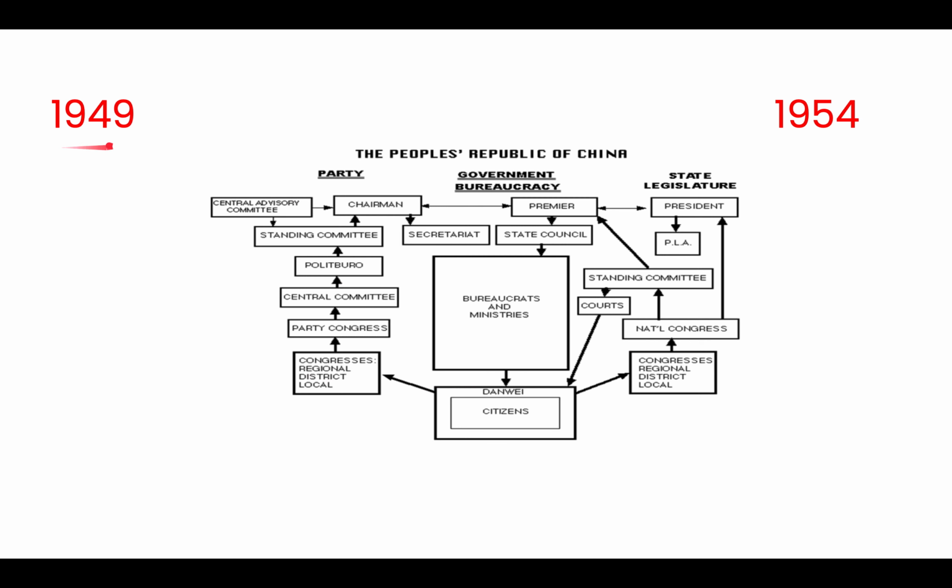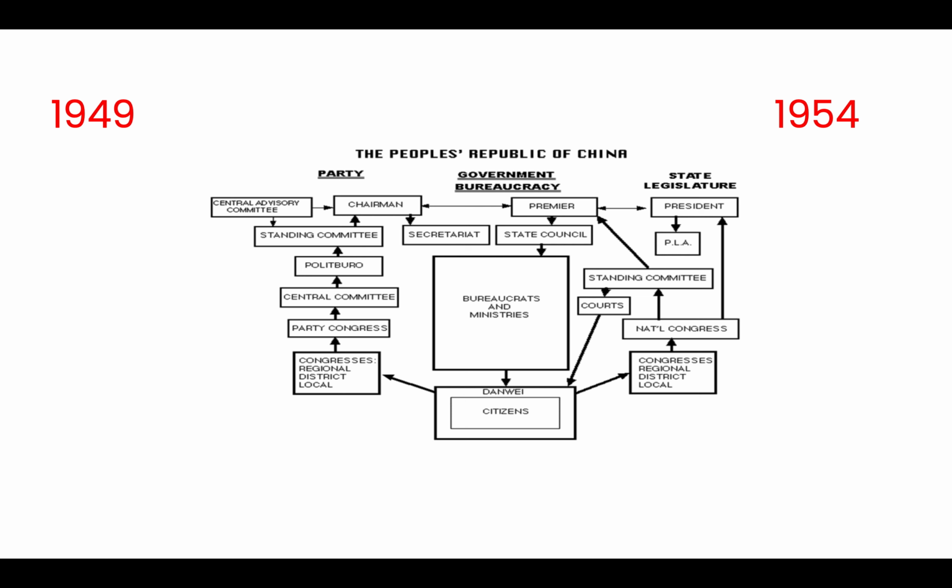So in 1949, they have the Chinese People's Political Consultative Conference, the CPPCC, and that happens in September 1949. Here we've got 600 delegates. It's composed mainly of the Communist Party, but it did have some of the other minority leagues.